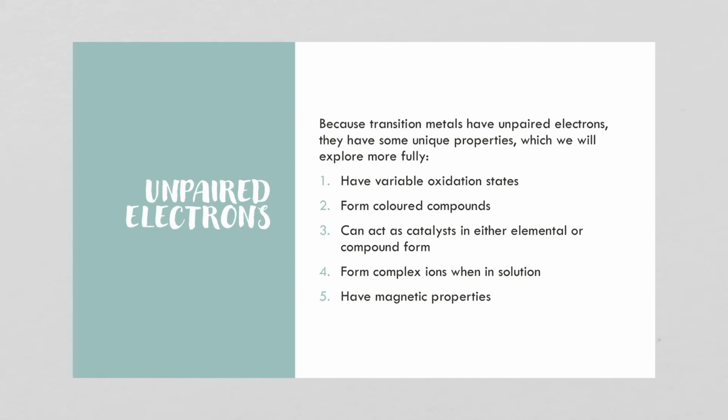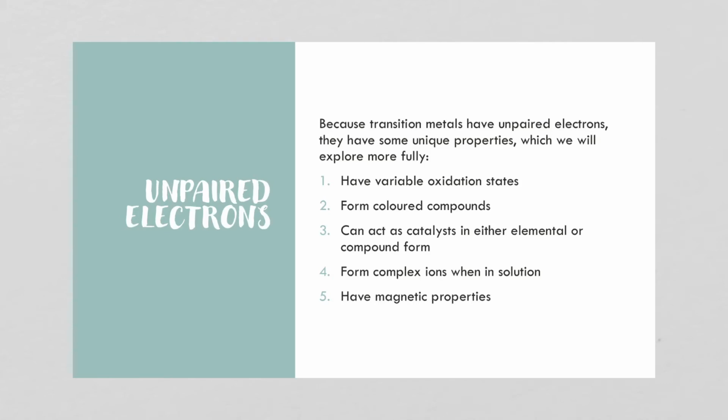So because transition metals have unpaired electrons in their D block, they have some unique properties, which we're going to explore more fully over the next few minutes. The first one we'll take a look at is that they have variable oxidation states, as we've explored in our oxidation reduction unit. We also know that they form colored complexes.